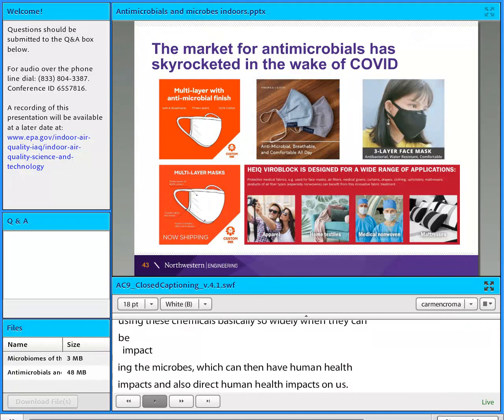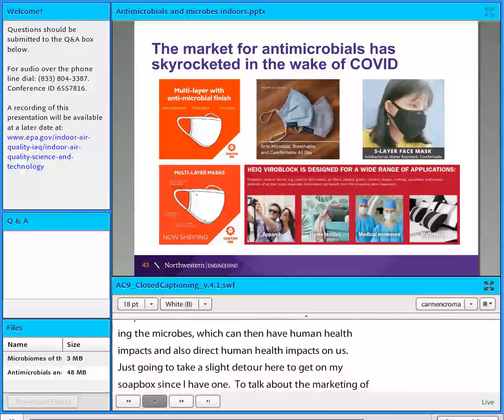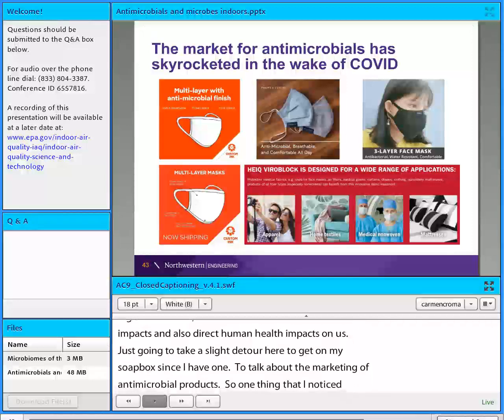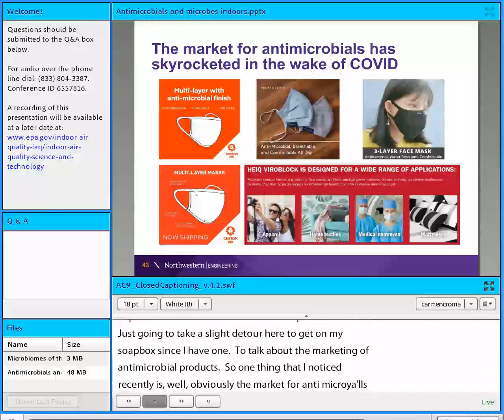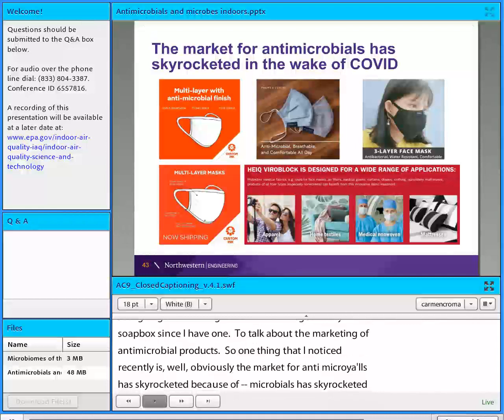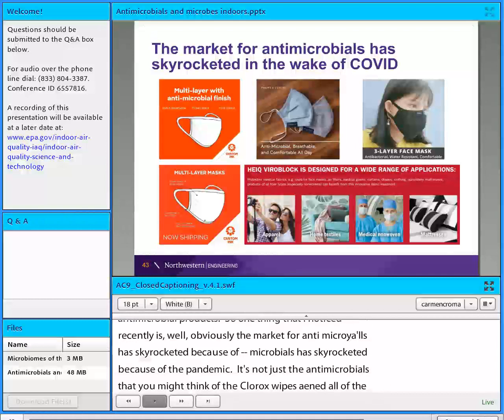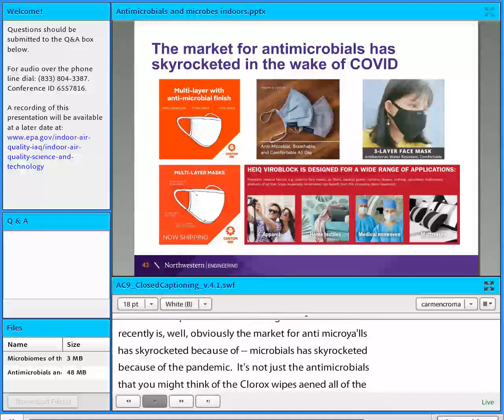I'm just going to take a slight detour here to get on my soapbox, since I have one, to talk about the marketing of antimicrobial products. One thing that I noticed recently is that, obviously, the market for antimicrobials has skyrocketed because of the pandemic. And it's not just the antimicrobials that you might think about, the Clorox wipes and all of the cleaning products, since we're so concerned about fomites, but also all kinds of other antimicrobial products.